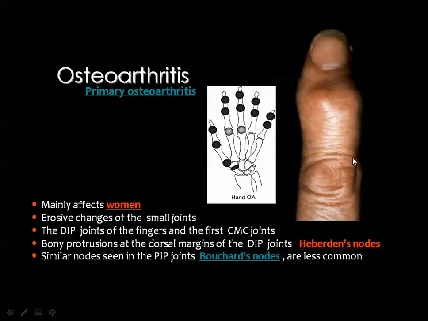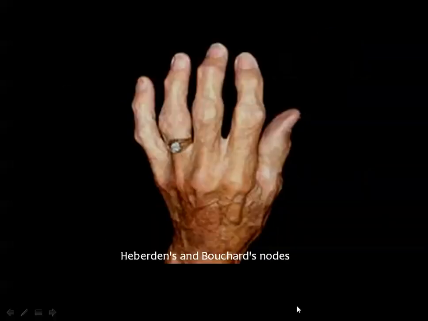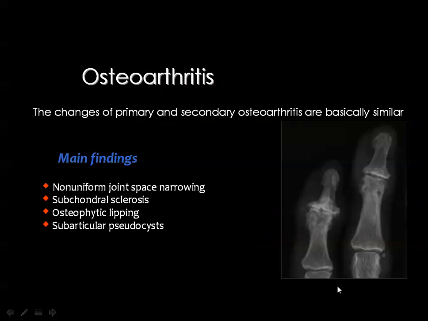If these bony protrusions are also seen in relation to the proximal interphalangeal joint, they are known as Bouchard's nodes. These nodes are less common compared to the Heberden's nodes. And this is a photograph of the hand showing both types of nodes, the Heberden's nodes occurring in relation to the distal interphalangeal joints, and the Bouchard's nodes occurring in relation to the proximal interphalangeal joints.